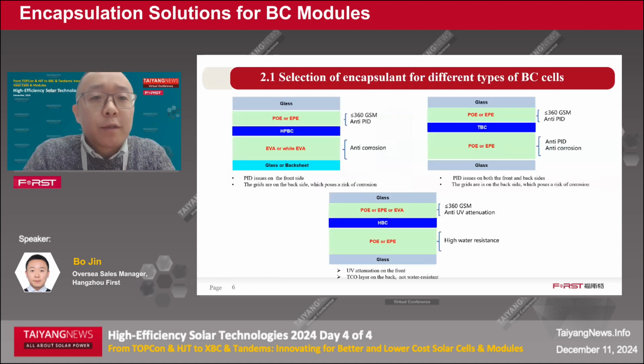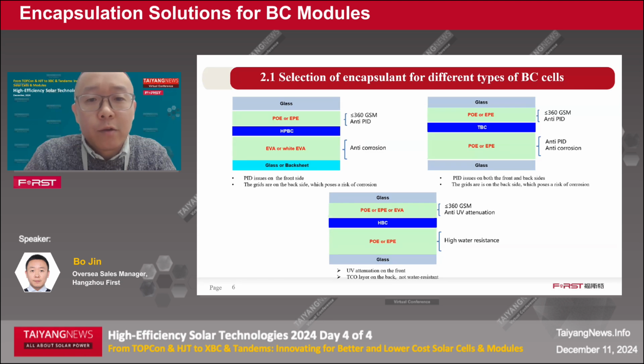Here we could give you some examples of the encapsulation proposals. We can see that when it is HPBC cell, we suggest using POE or EPE on the front side, and the grammage can be lower, not higher than 360 GSM, and it brings anti-PID property. And on the back side, EVA or white EVA would be enough.